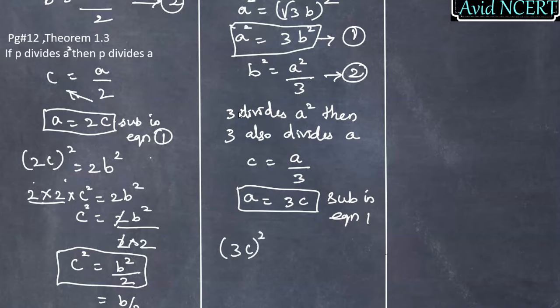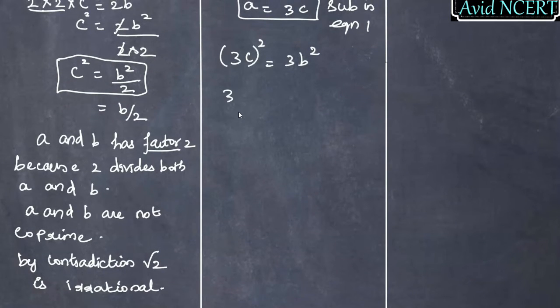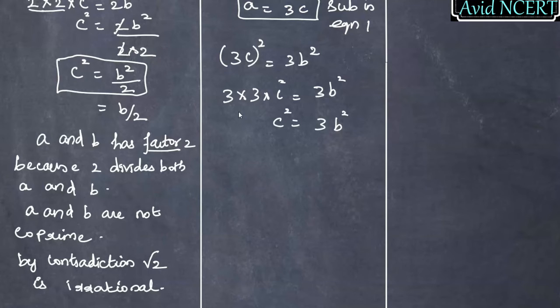So when we are substituting a as 3c in equation 1, we get 3c the whole square equals 3b square. So we can write this as 3 into 3 into c square equals 3b square. So c square equals 3b square divided by 3 into 3.